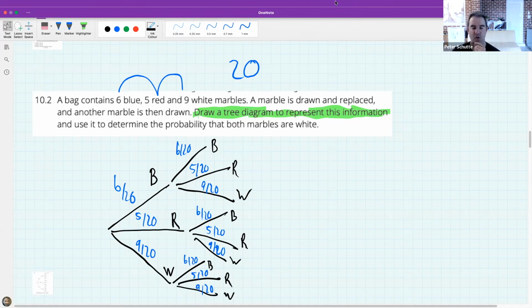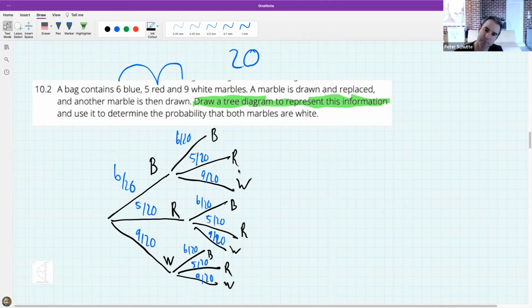Which branch of the tree am I looking for, and how would I work out that outcome? So the tree diagram is summarizing the choice making. The first choices are blue, red, and white, and that is the first set of choices.